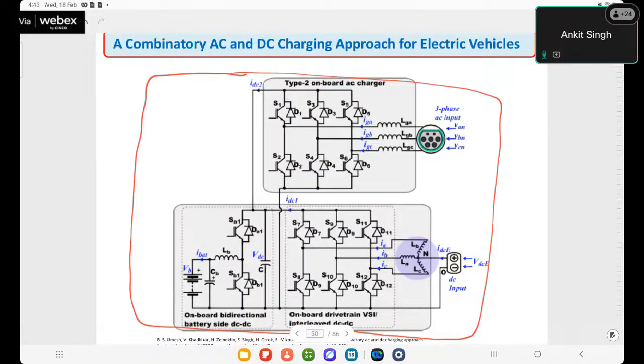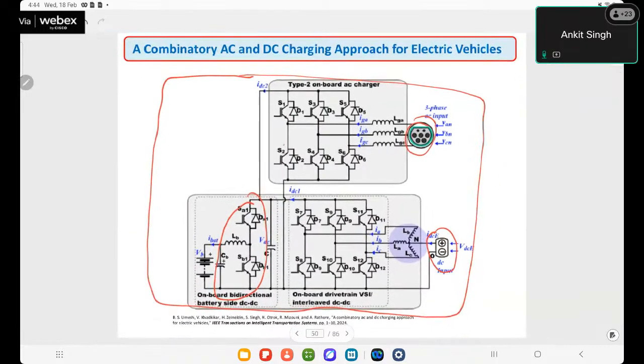The DC may be any kind of DC. It is supplied through the motor winding and DC to AC converter and a three-phase AC/DC converter, and the battery is connected to a bi-directional buck boost converter.